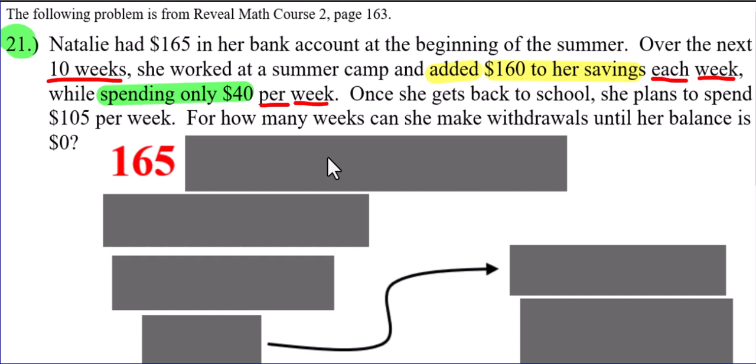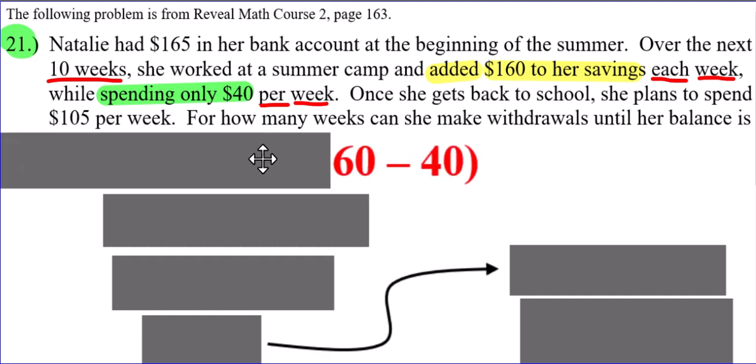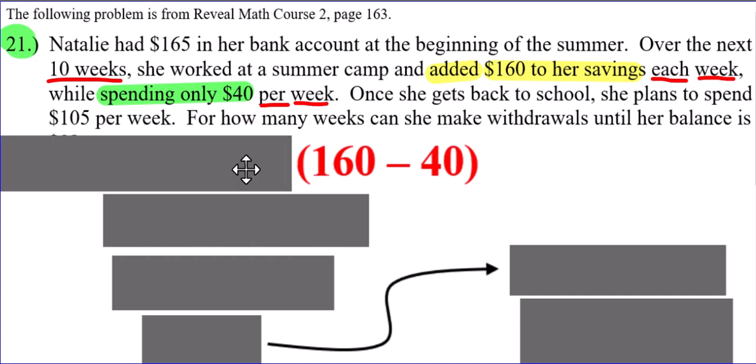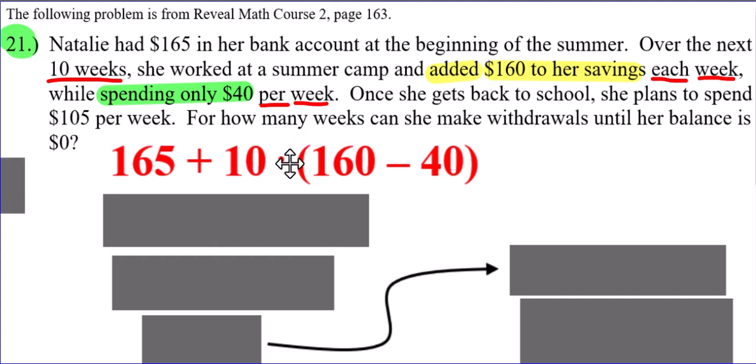So 160 is positive, but we're taking away $40, and this is being done per week for a total of 10 weeks. So it's going to be 10 times whatever 160 is, take away 40. Now, this is not the only way of doing your work. You could do 10 times 160 minus 10 times 40. That would also work. This is the way, though, that I'm deciding to do it.